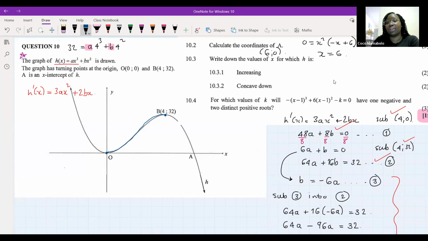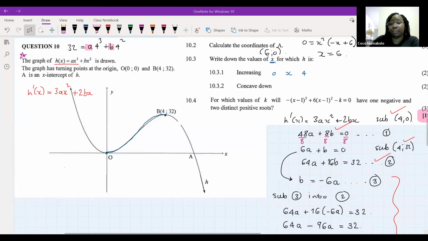So my x values will be in between 0 and 4, because they want the x values. Now, here's my question. Are the points 0 and 4 included or excluded?